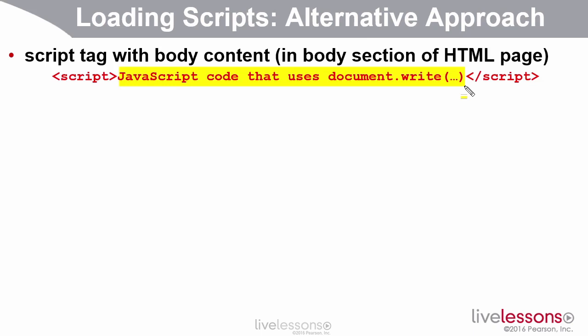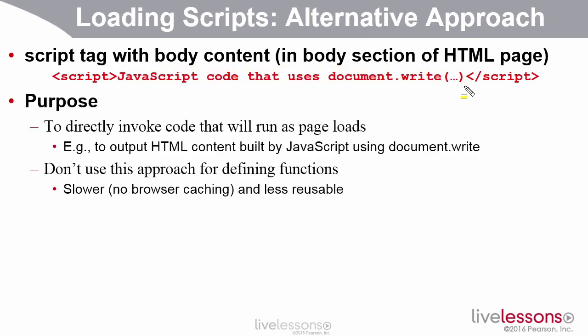Again, this is much less common, but it's at least seen once in a while, so I wanted to mention it. So the idea is that you're directly invoking code that will run as the page loads, and the purpose of this code is mostly to build some HTML content. Don't use this approach for defining the functions. Use the previous approach, a script tag in the head section that refers to a JavaScript file.